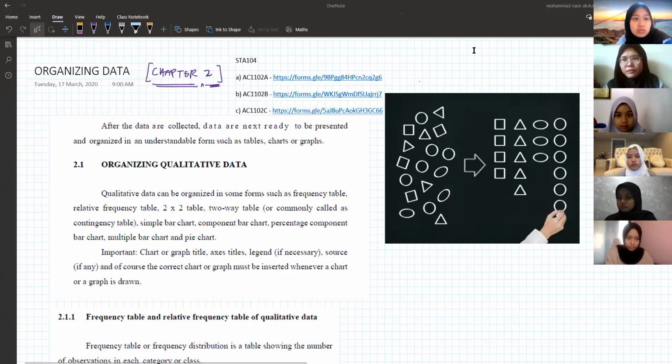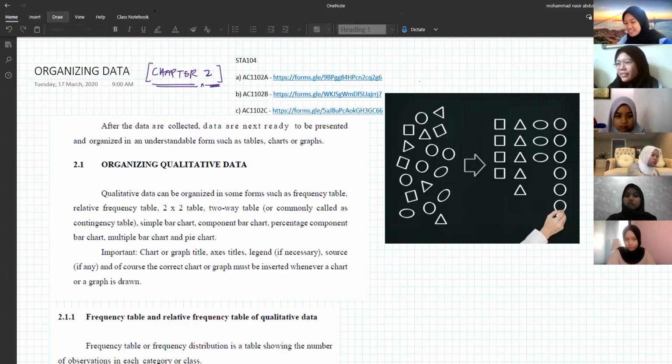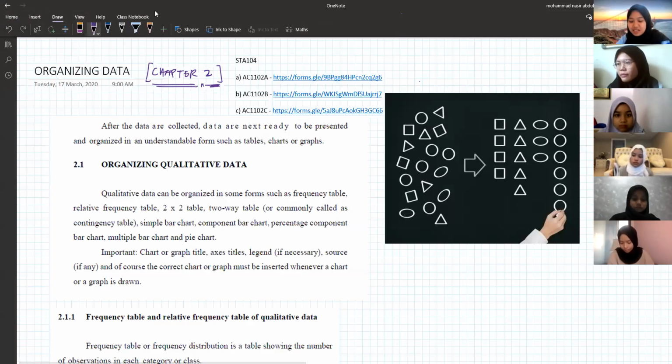So we continue our syllabus on chapter number 2. This is organizing data, right? So in chapter number 1, we already learned the definition of statistics, and we already know the definition of population, sample, and we have learned some sampling techniques such as random sampling techniques and non-random sampling techniques, right?